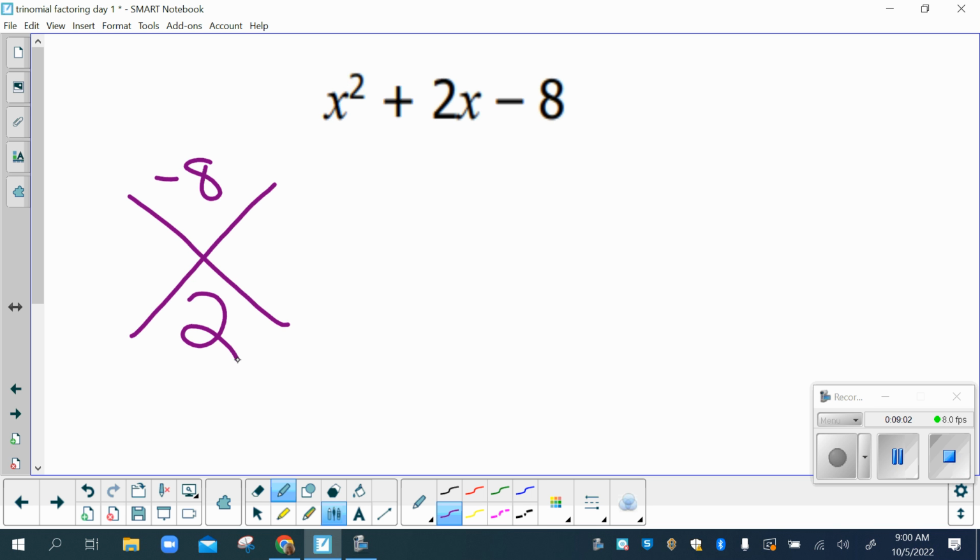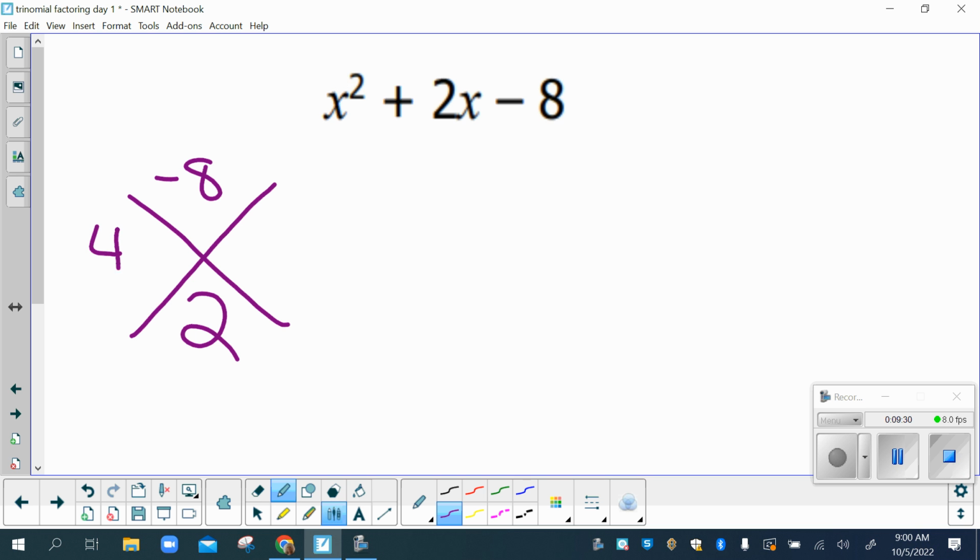When you multiply two numbers and the answer is negative, one of them has to be positive and one has to be negative. That's how they subtract, right? So you're going to get something like 6 minus 3 or 8 minus 11, something like that. So I'm thinking about two numbers that multiply to be 8 but subtract to be 2. What are those two numbers? 4 and 2.